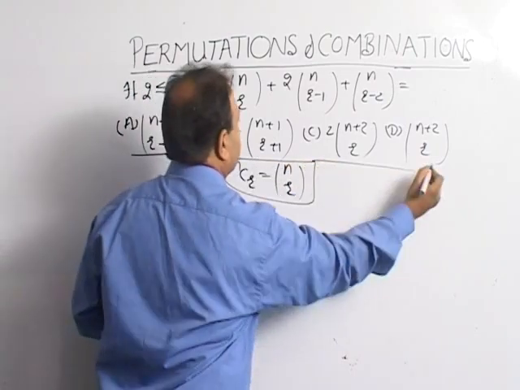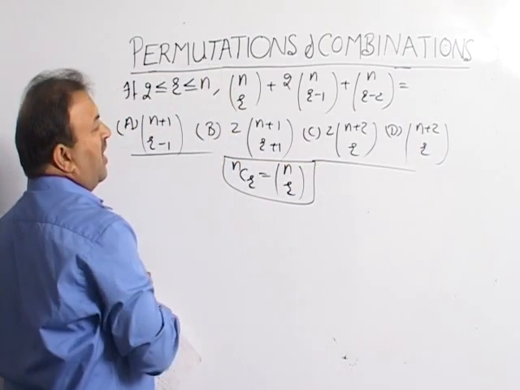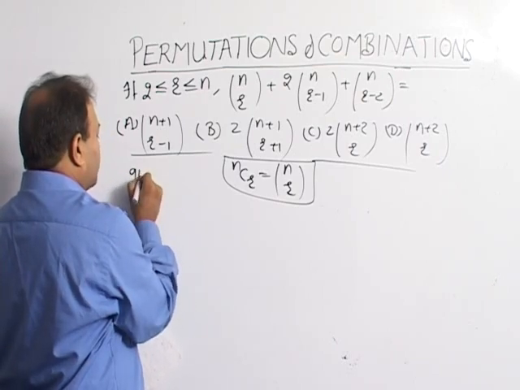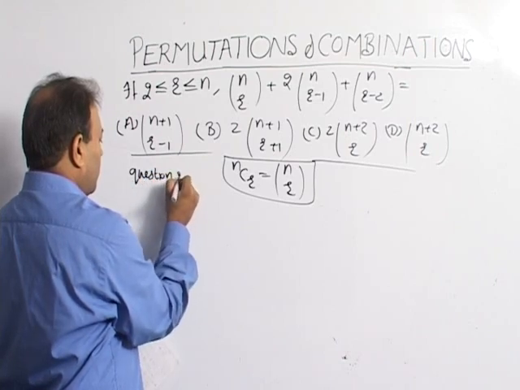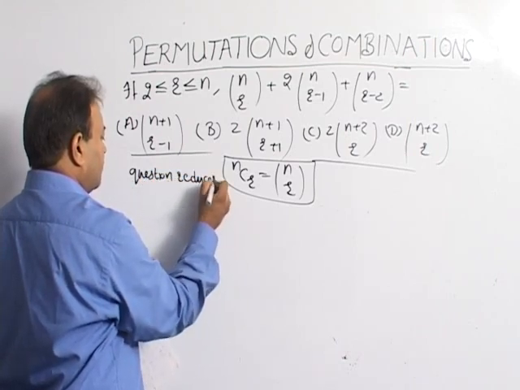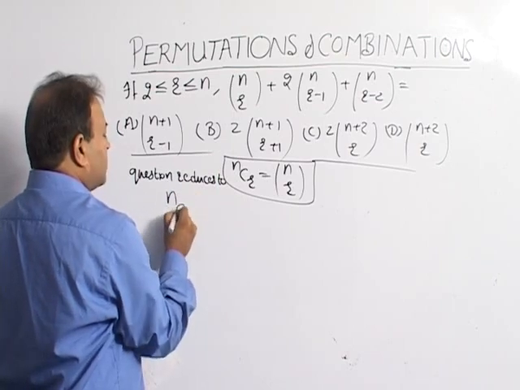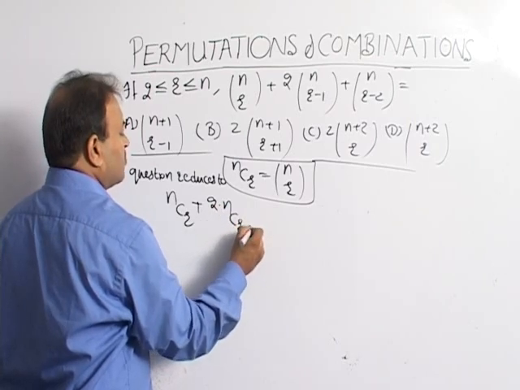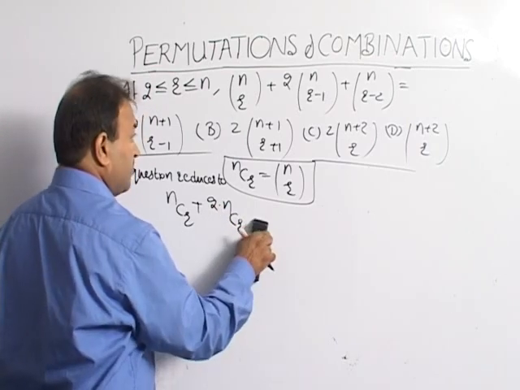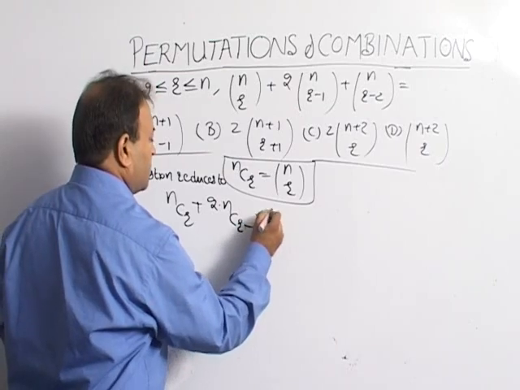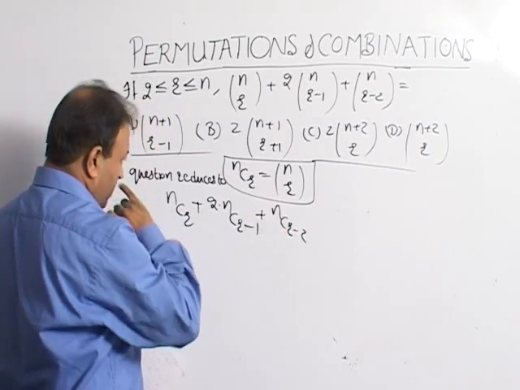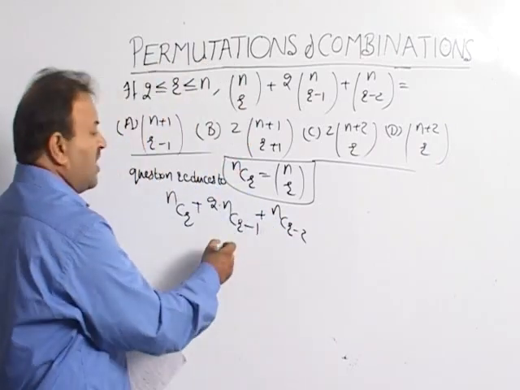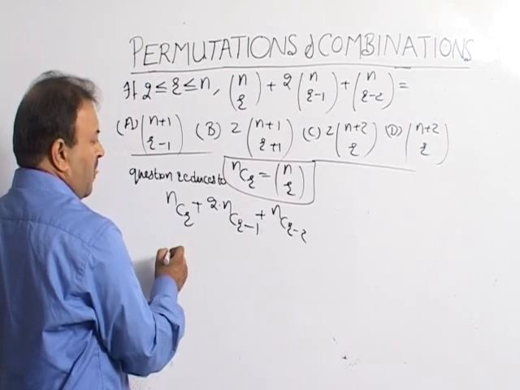That means our whole question has changed and our question reduces to nCr plus 2 times nCr minus 1 plus nCr minus 2.